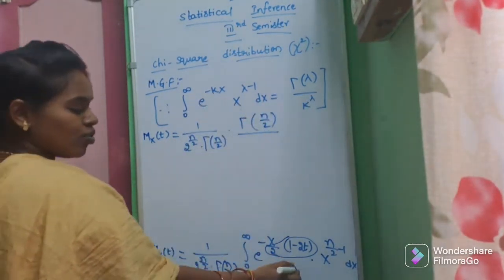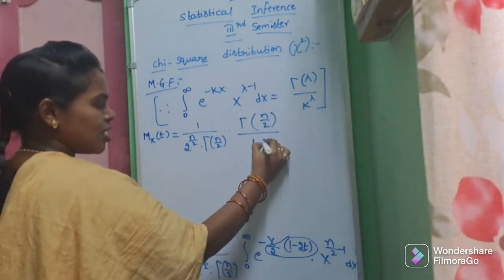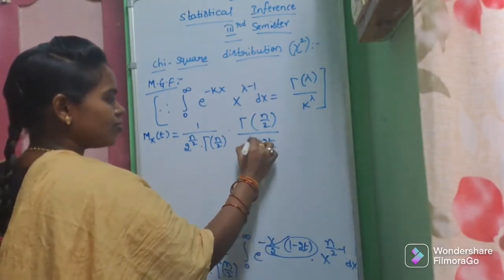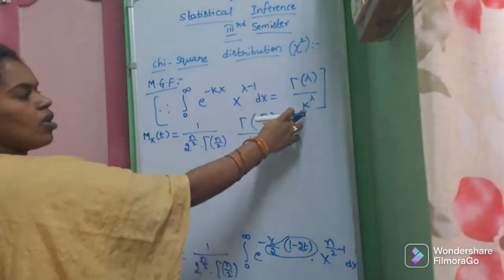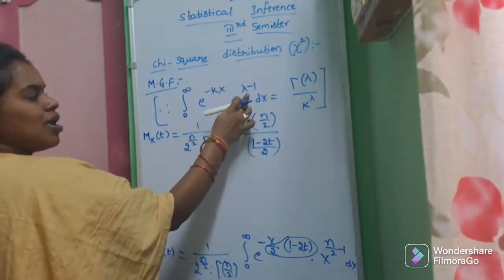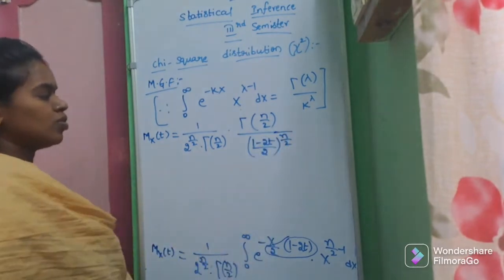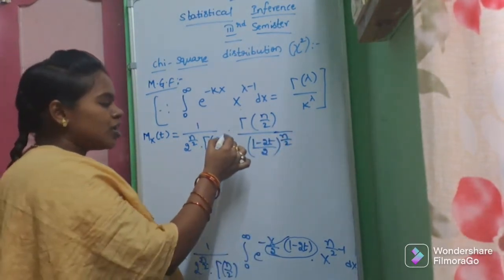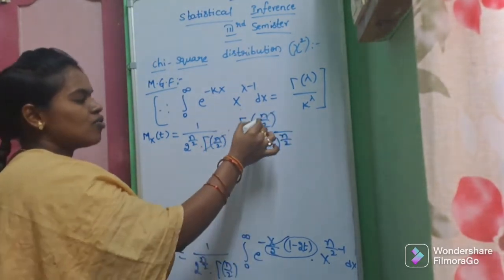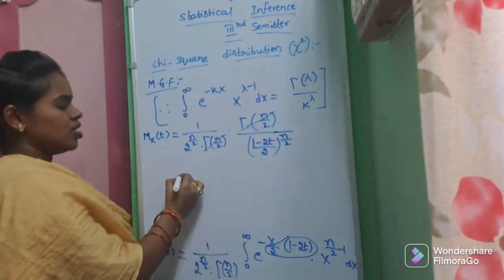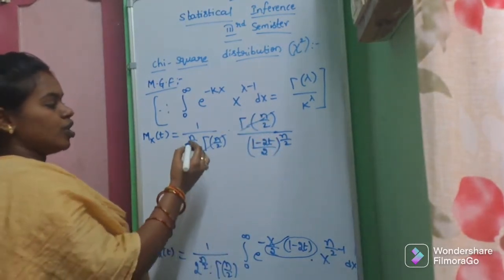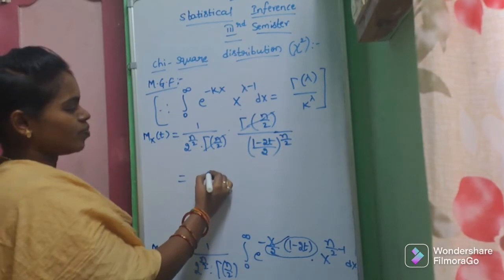In place of lambda we have n by 2, and in place of k we have (1 minus 2t) by 2, whole power lambda, lambda meaning n by 2. So in both the numerator and denominator, gamma of n by 2 exists, so we can cancel that.